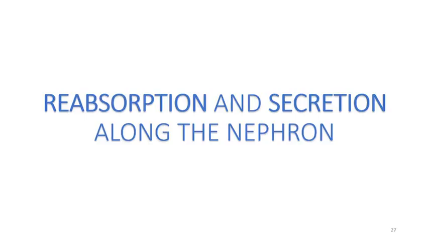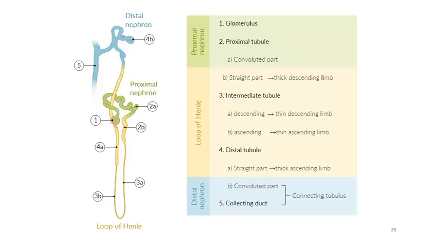Let's talk about reabsorption and secretion along the nephron in more detail. You are familiar with different parts of the nephron, starting from the renal corpuscle, including glomerular capillaries and Bowman's capsule. Connected with it is the PCT, or proximal convoluted tubule. The late part of the proximal tubule, known as the straight part, is the thick descending limb.